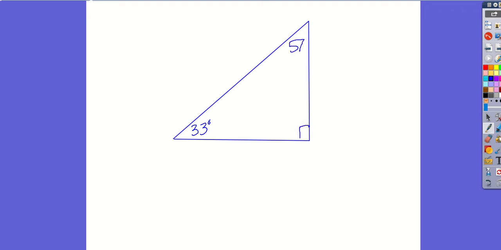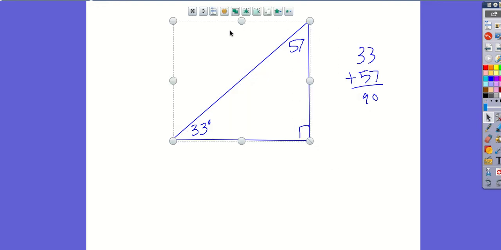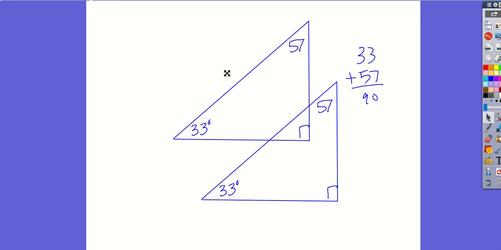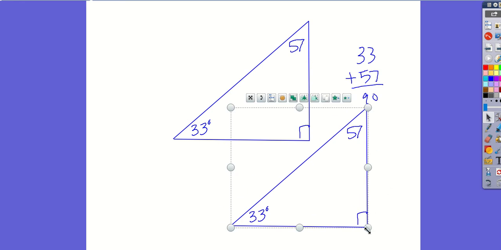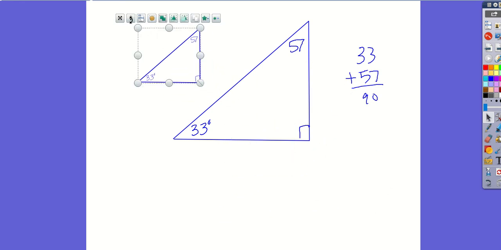I know this has to happen because if this is 90, 33 plus 57 has to also equal 90, so that I have 180 degrees. All right, and let's say we dilate this thing by a scale factor of a half. So I'm actually going to make this twice as small.